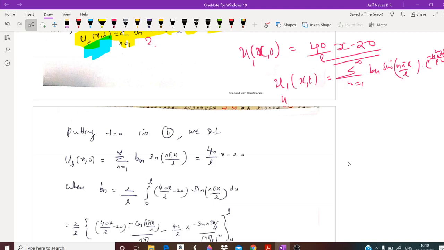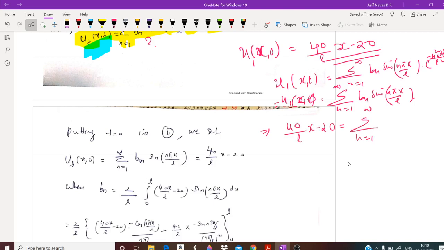So u1 of x 0 is equal to sigma n equal to 1 to infinity Bn sin n pi x by L, and that is 40 x by L minus 20 is equal to sigma Bn sin n pi x by L, which implies Bn is equal to 2 by L integral 0 to L.